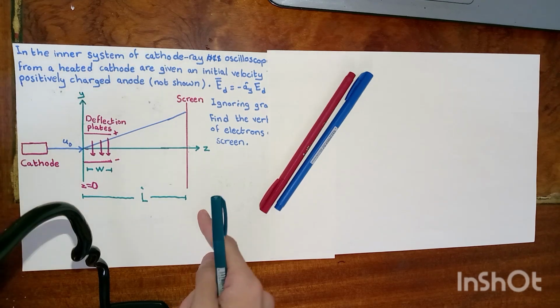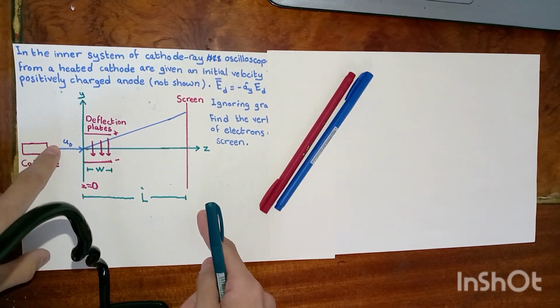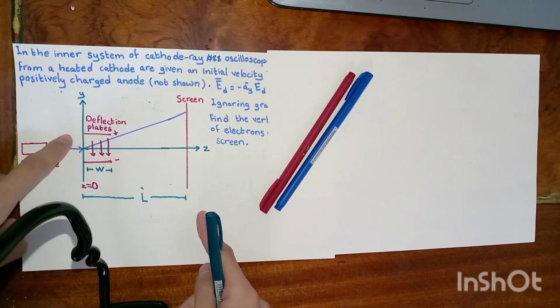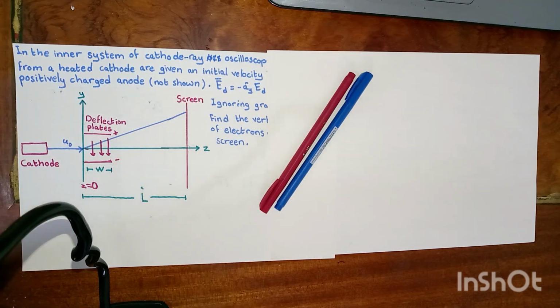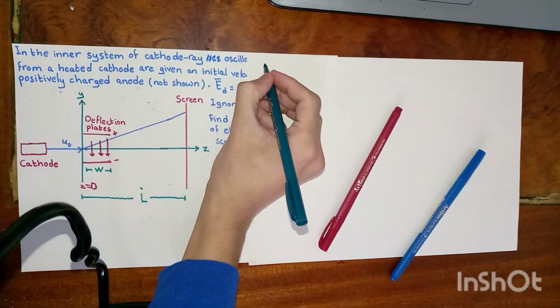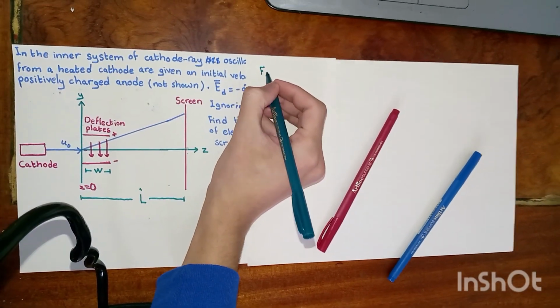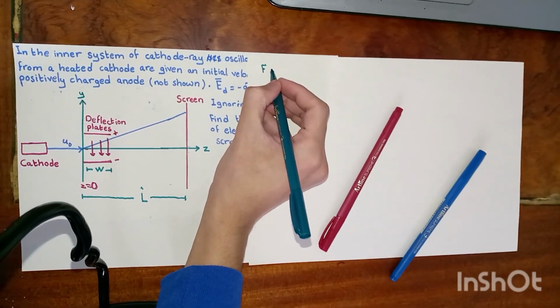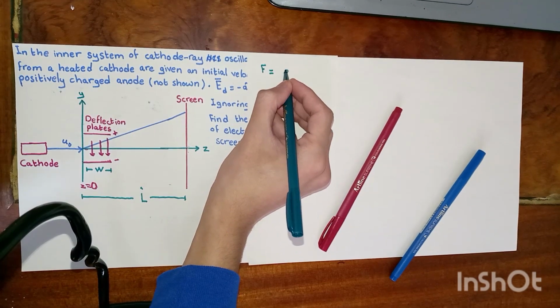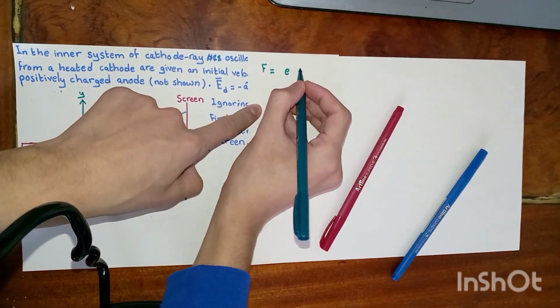Now, as we see, when the electrons are moving between the deflection plates, they are going to be affected by the electrical force. The electrical force that the electrons experience is equal to the charge of the electrons times the electrical field.